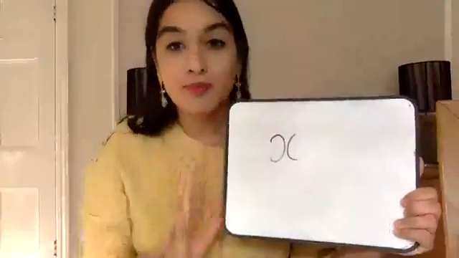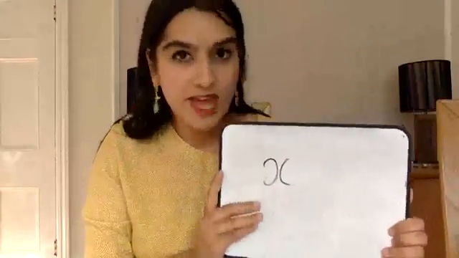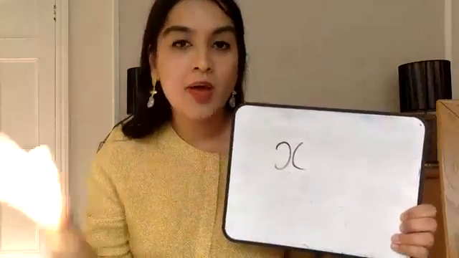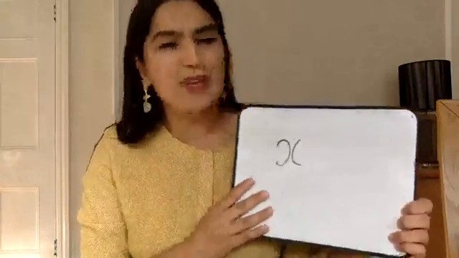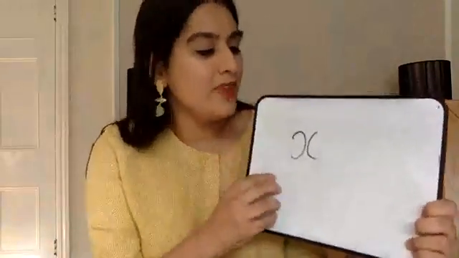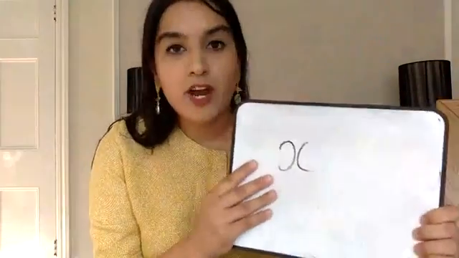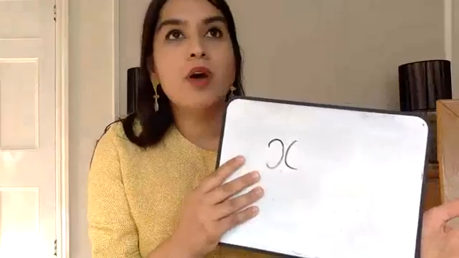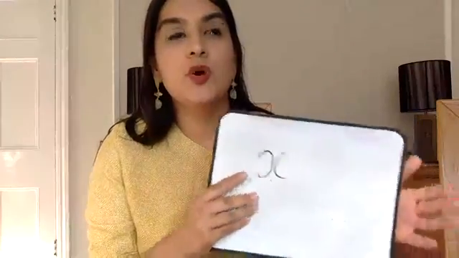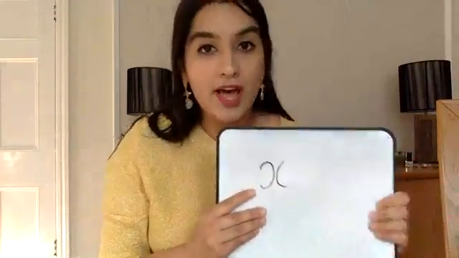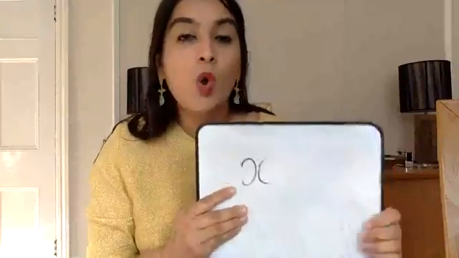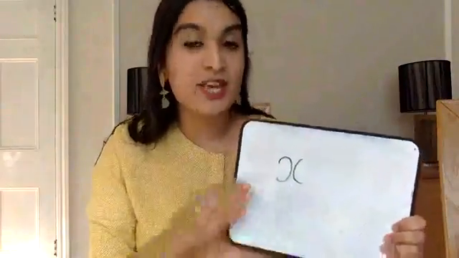And it's a letter that represents a number. It doesn't have to be x, it can be any letter of the alphabet, but we tend to see x being used quite a lot in questions.